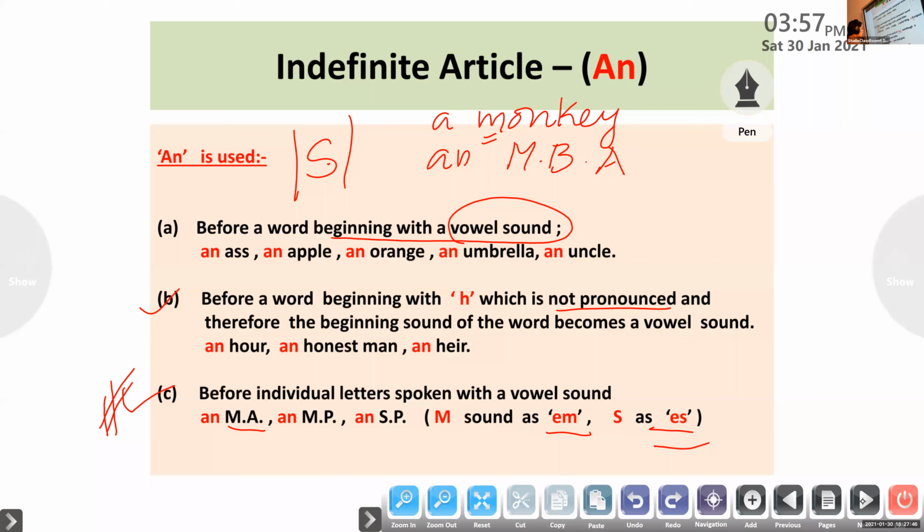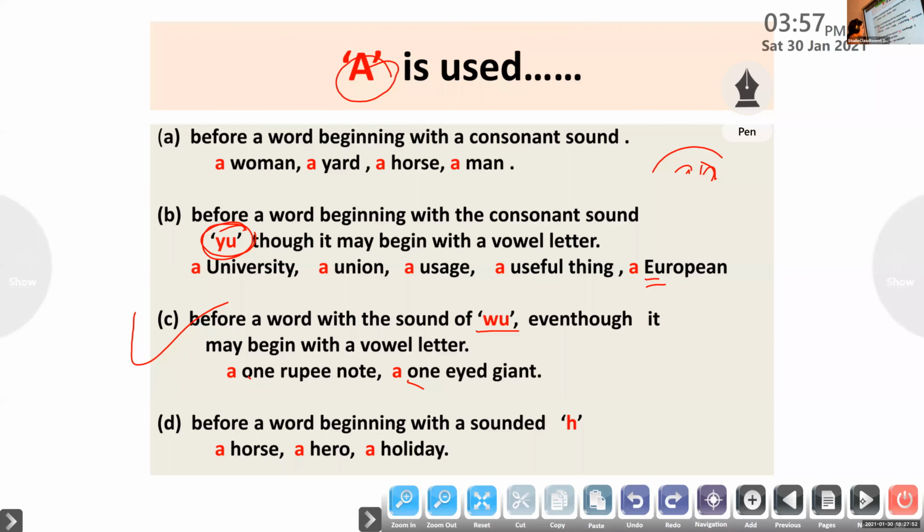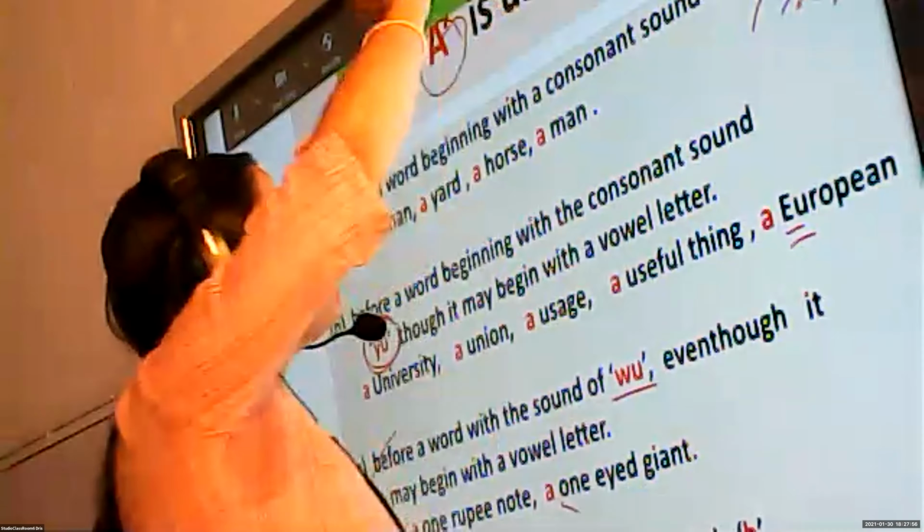A host, the 'h' sound is a consonant sound. So I have to use: a horse, a hero, a holiday. You must use A before words beginning with a consonant sound. You can use 'an' before words beginning with a vowel sound. Am I clear?